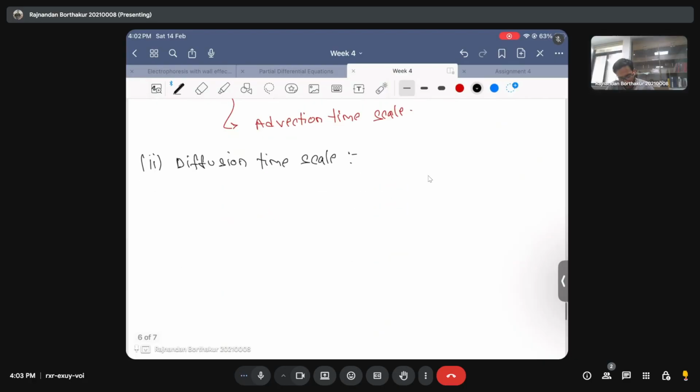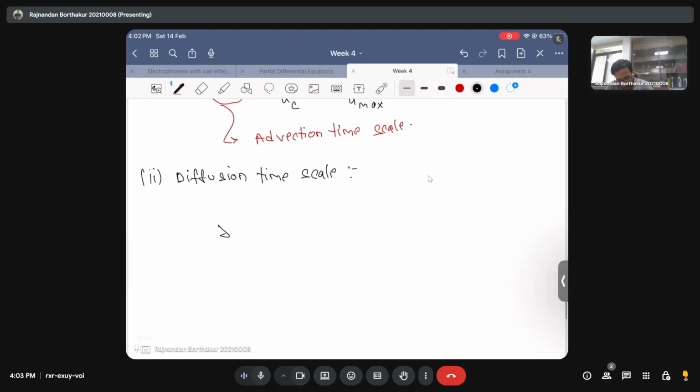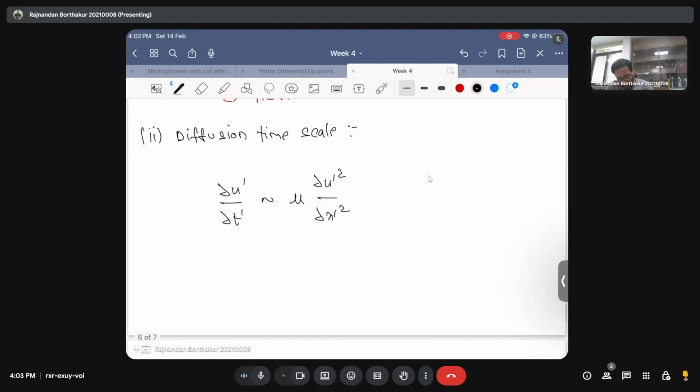So let's do it. Del u prime by del t prime is roughly of the same order as mu times del squared u prime by del x prime squared. And del u prime by del t prime scales as uc by tc, and this scales as mu times uc by lc squared. Then you can get a time scale from this.